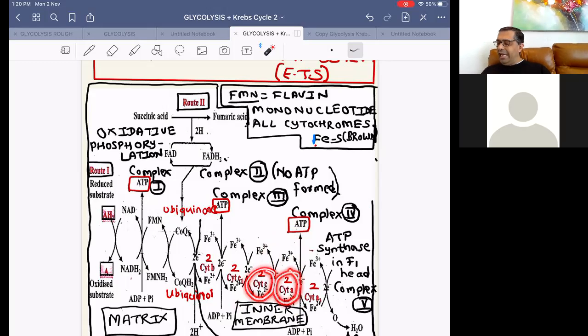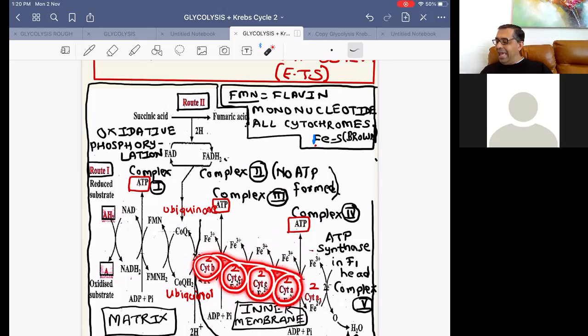So what has been the sequence? B से ज्यादा electronegative C1. C1 से ज्यादा electronegative C. C से ज्यादा electronegative A. A से ज्यादा electronegative A3. So where has electron gone from?